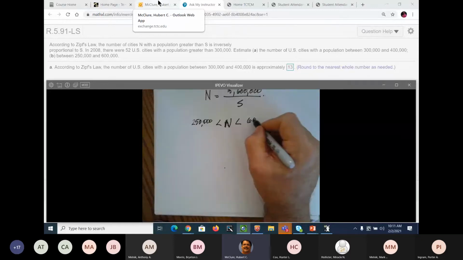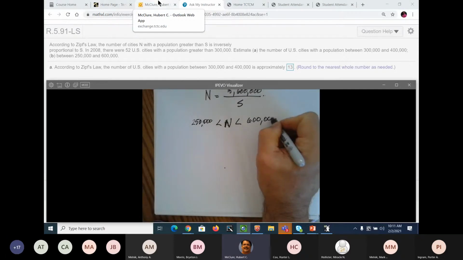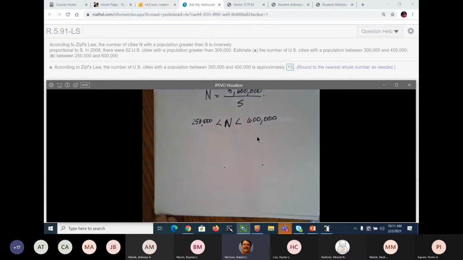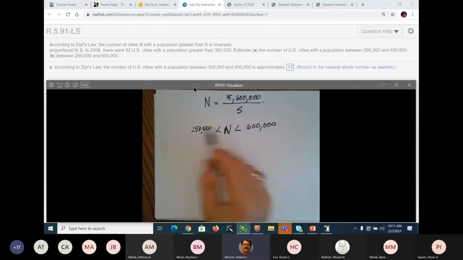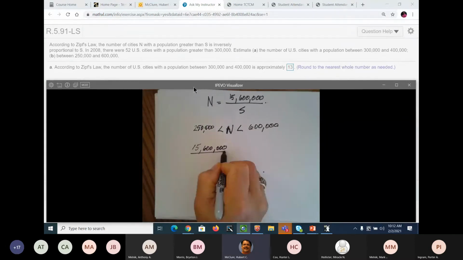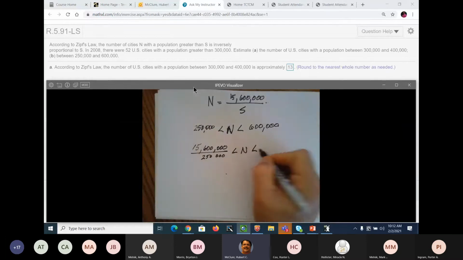Now, of course, we can't just say that. We got to put it in here. So that's going to be 15,600,000 divided by 250,000 less than N less than 15,600,000 divided by 600,000.